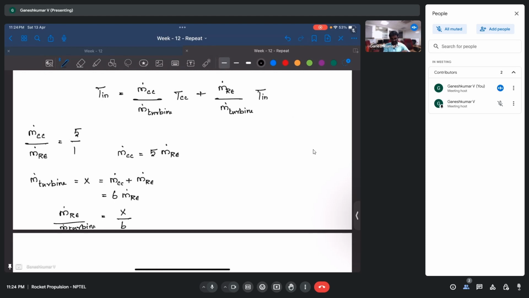So this x can be anything. For now, let's consider it's for 1 kg per second.